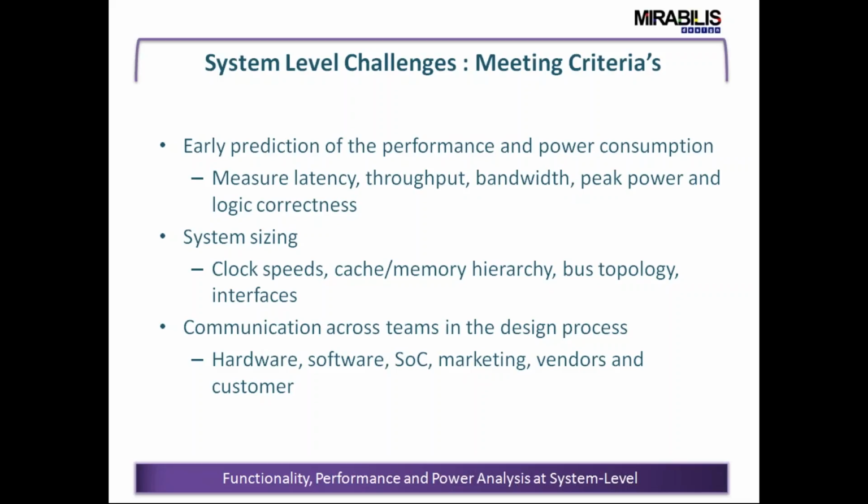Okay, and also one more problem that people come up with when adopting a new technology is communication between the teams itself. A system level model can help in communicating between teams, because it provides clear details about what exactly each subsystem is meant to be, and how it is interacting with the remaining portions of the system.